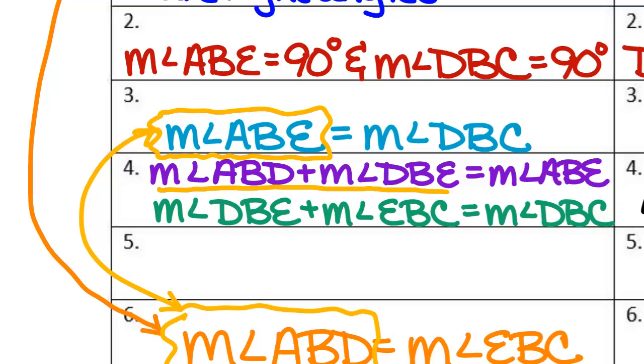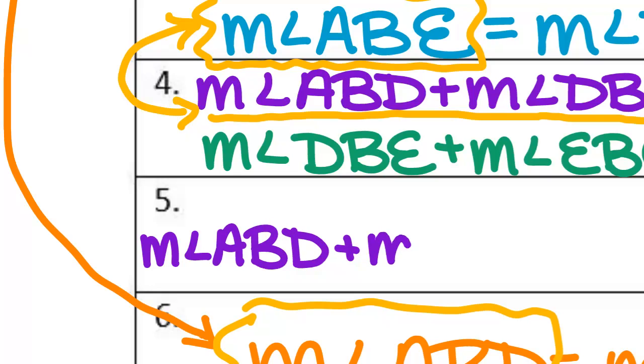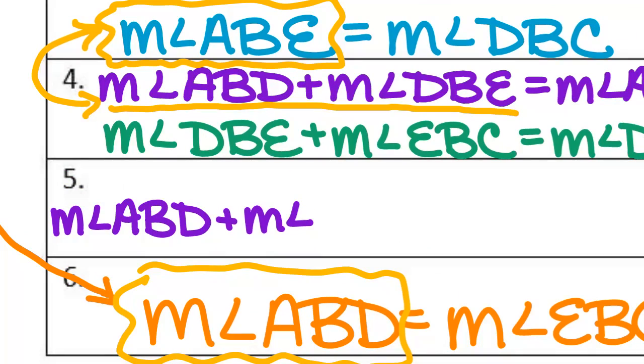ABD plus DBE. So this can take the place of angle ABE. So instead of ABE over on the left, I'm going to have the measurement of angle ABD plus the measurement of angle DBE.